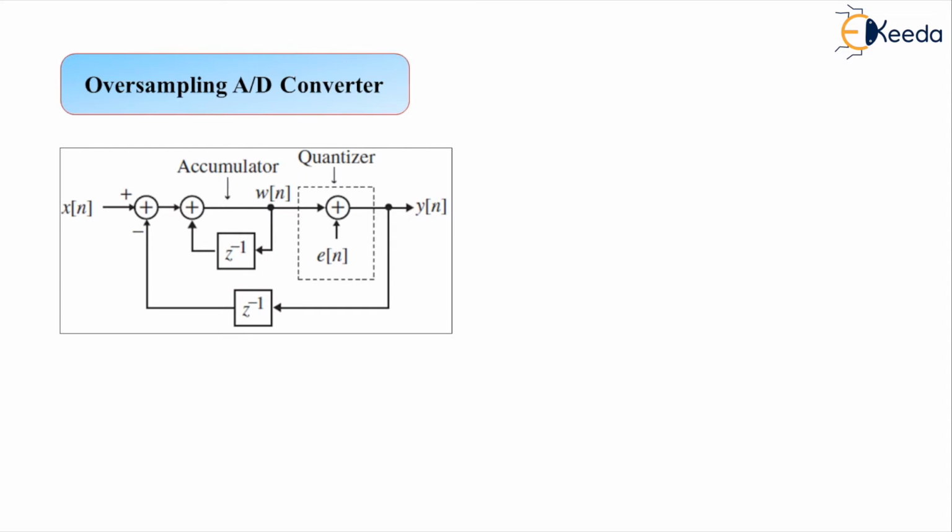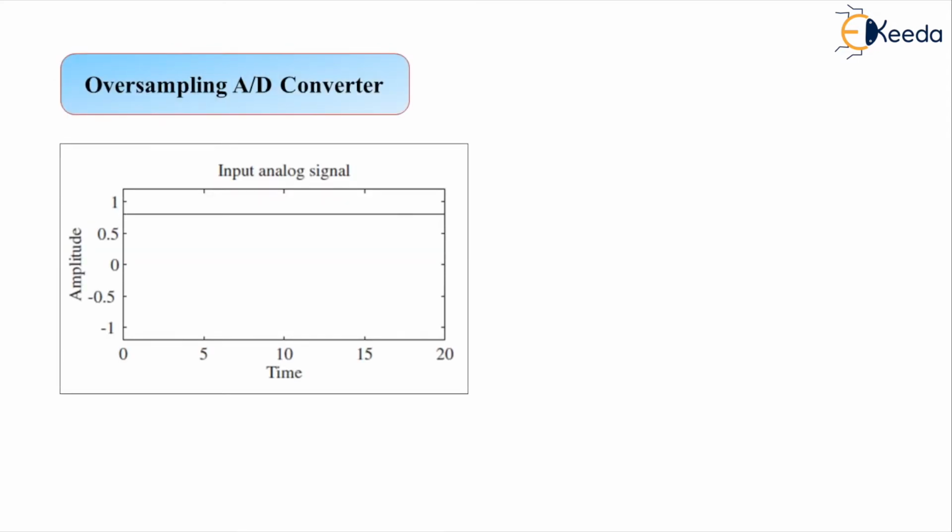The corresponding input and output of the sigma delta modulator, here we have the typical illustrations. So this is the input analog signal fed, with an amplitude level less than 1 here. The typical value, let us say, is 0.8 here, and here we have the time axis from 0 to 20 samples.